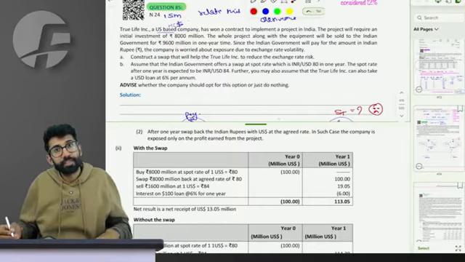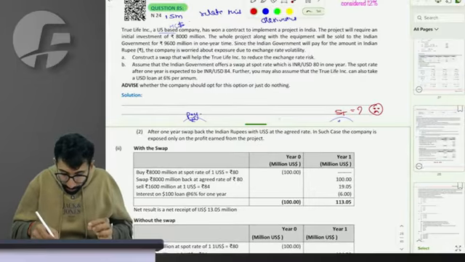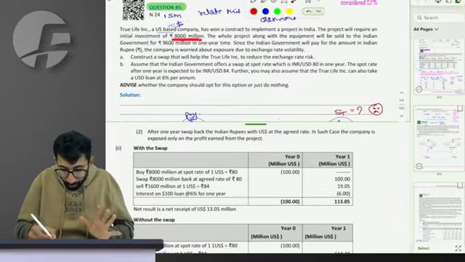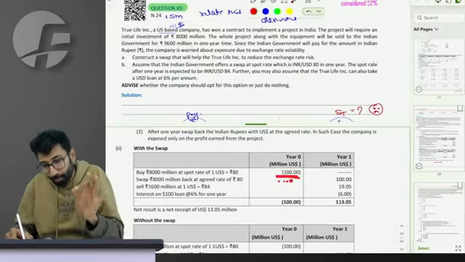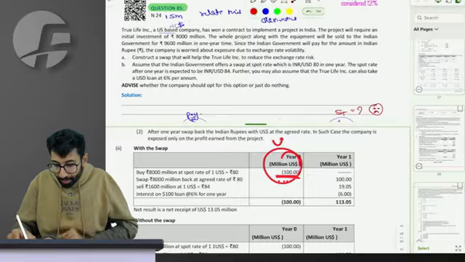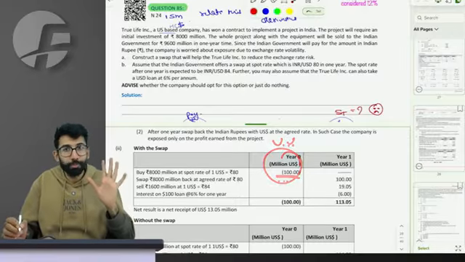Sir, in the first case, if we accept, today to buy 8,000 rupee at the rate of 80, I need $100 million outflow. It will be $100 million outflow from my pocket.